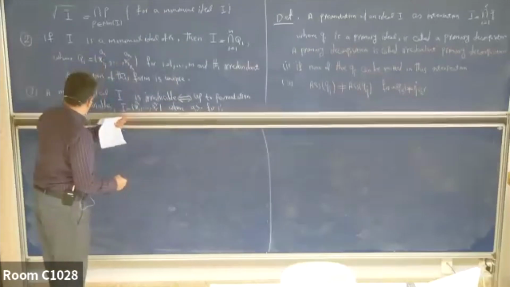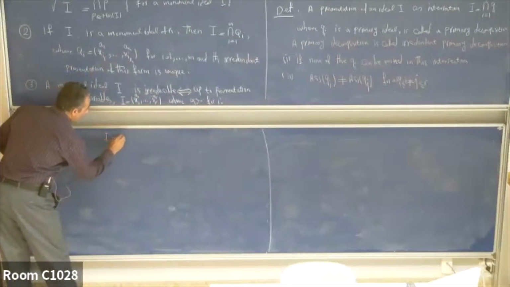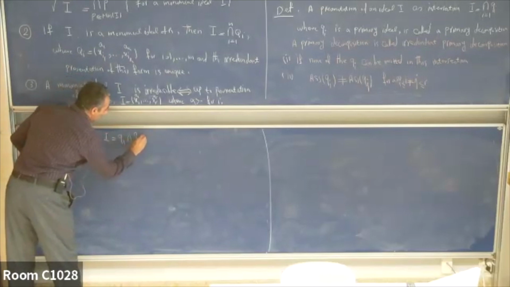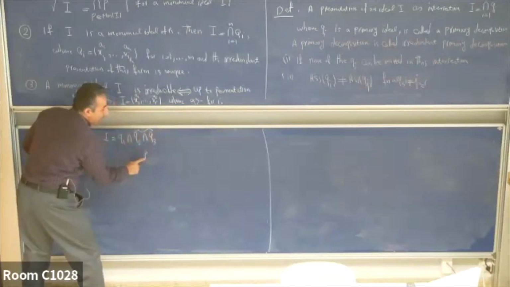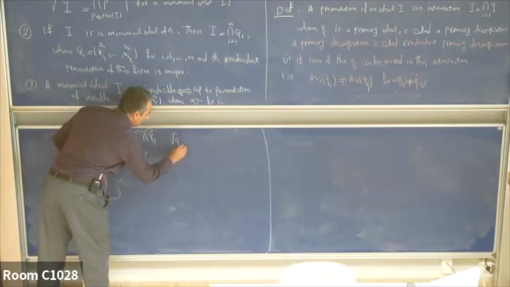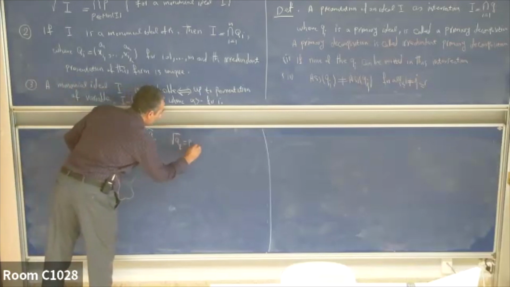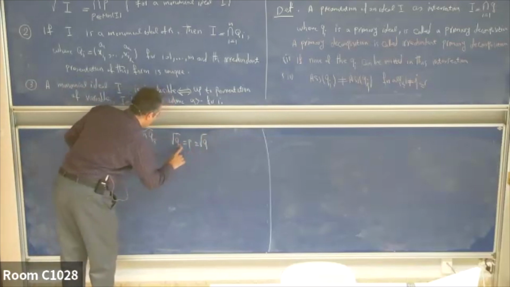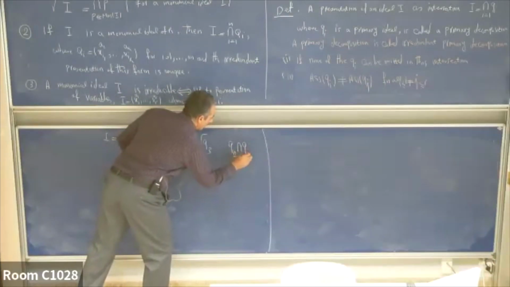For example, if I is equal to Q1 intersect Q2 intersect Q3, and Q2 and Q3 are P-primary, the radical of Q2 is P and the radical of Q3 is P, so the intersection of Q2 and Q3 is P-primary.